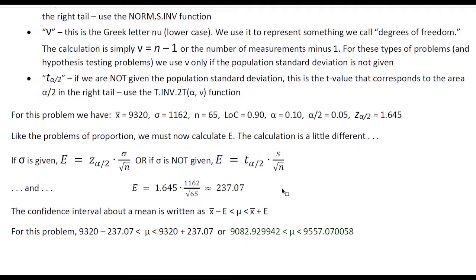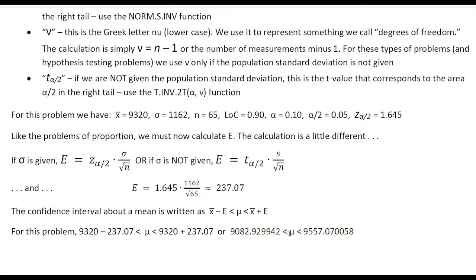So once you get that, just like in the population proportion confidence interval problems, this becomes a simple subtraction and then an addition. We take that E and subtract it from x bar, and we say x bar minus E is less than or equal to mu, my population mean, which is less than or equal to x bar plus E. For this problem, that means 9,320 minus 237 is less than mu, which is less than 9,320 plus 237.07.